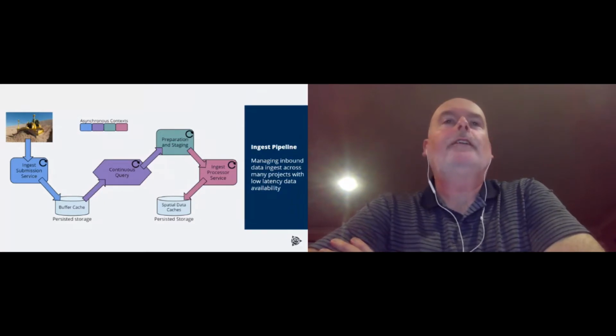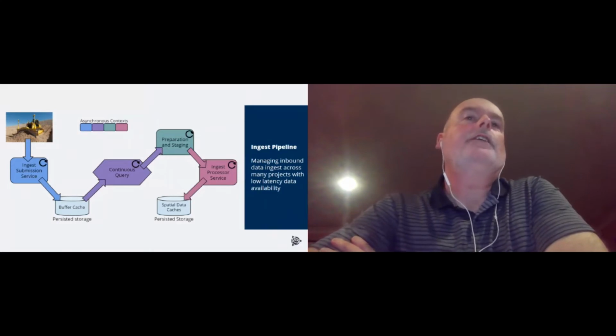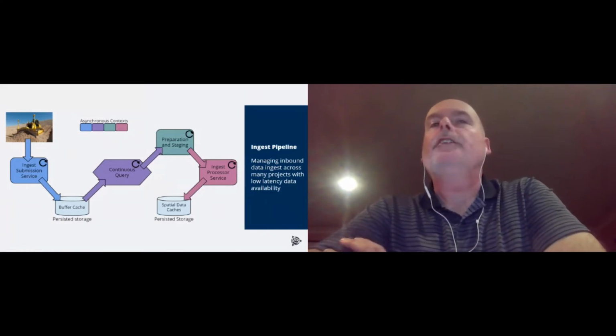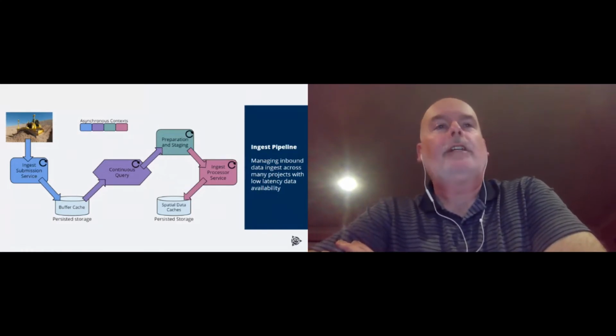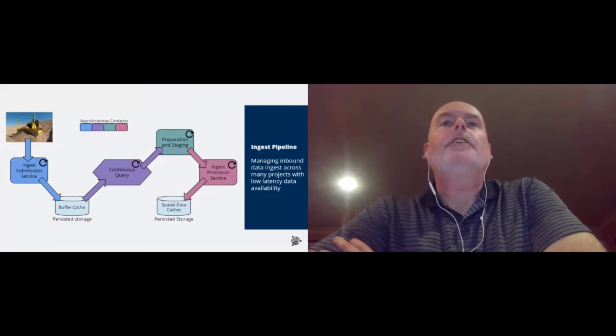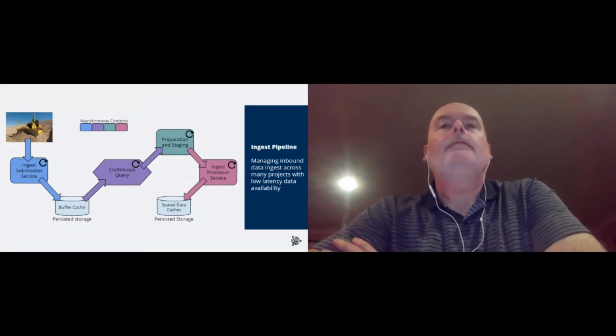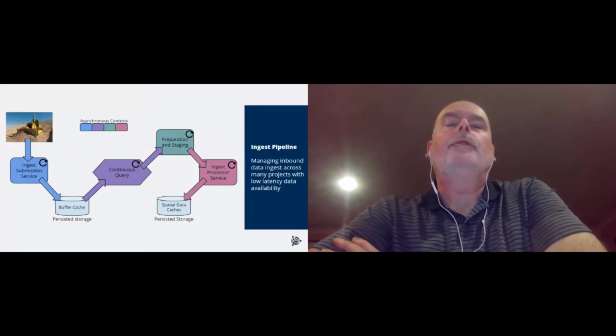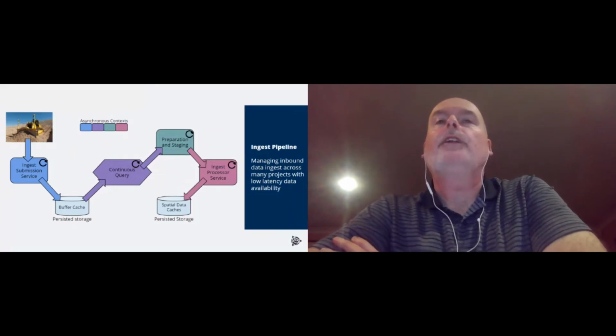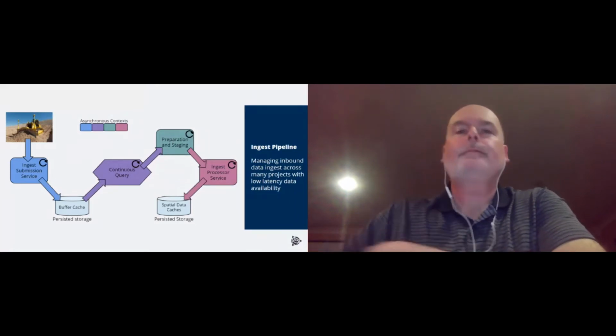And then there's a chain of other asynchronous activities based on Ignite continuous queries that harvest data out of those caches as it arrives, feeds it into preparation and staging services prior to an ingest processor service, analyzing that data and adding geospatial elements to the data caches that represent the data for each project.